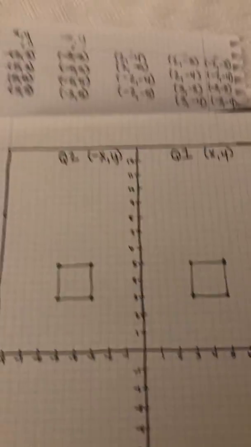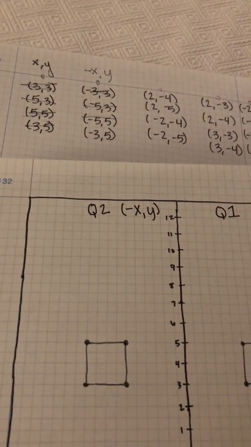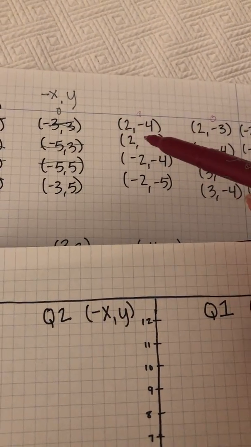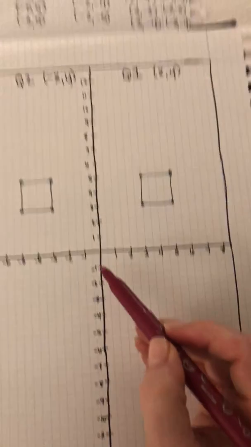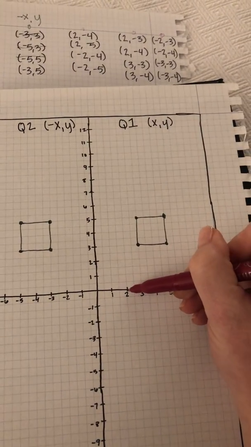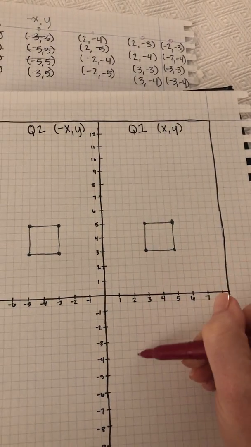Okay, next, I have some positive and negatives, but I have 2, negative 4. So I always start at the origin. I'm going to go over 2, and then down since it's a negative 4.